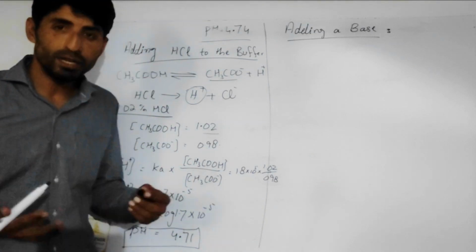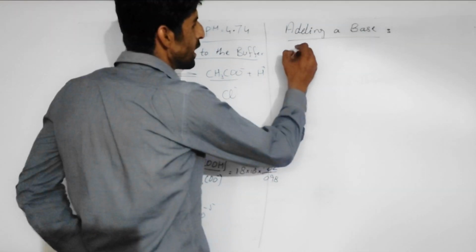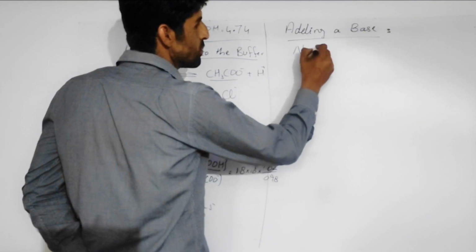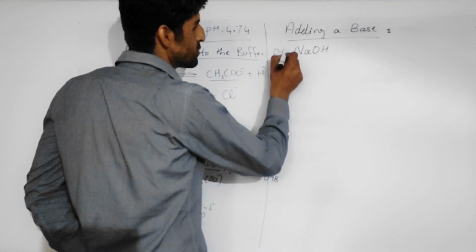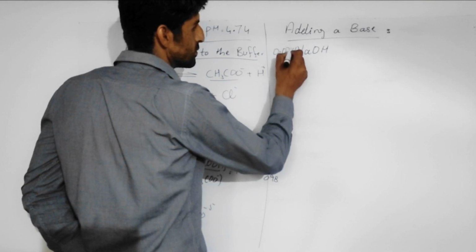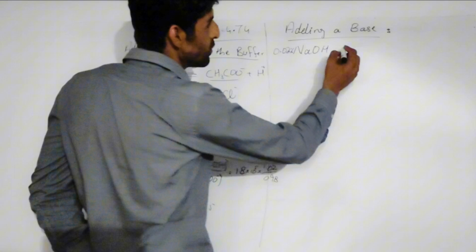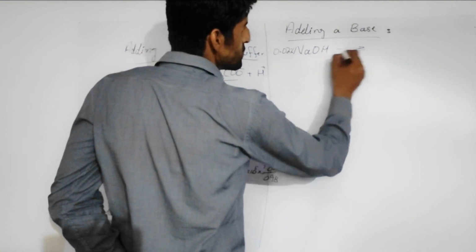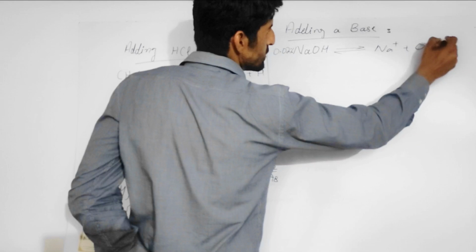If we add a base to a buffer solution, it will ionize. Say this is sodium hydroxide of 0.02 mole. So 0.02 mole of sodium hydroxide will dissociate into ions of Na positive and hydroxide ions, OH negative.